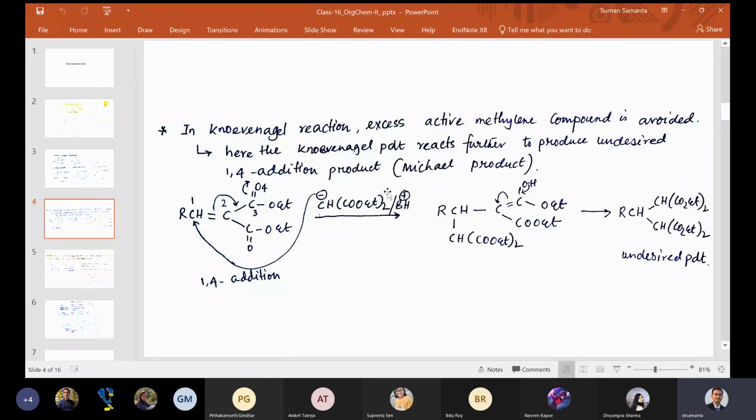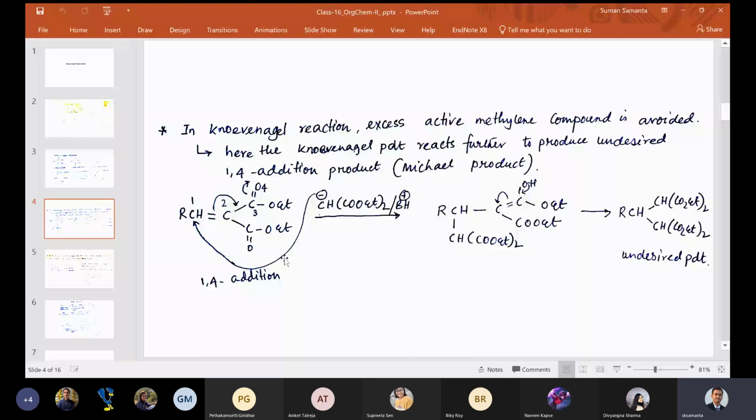If you have a large excess of base available in your reaction medium, the negative charge would attack as a nucleophile at this center, because it is highly reactive with two COOEt groups present, which acts as a Michael acceptor. That is why the negative charge attacks here and gets connected here.